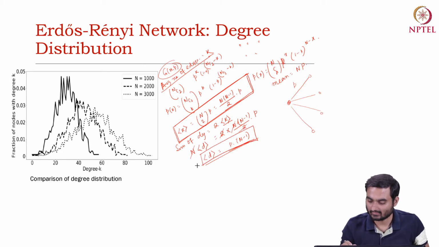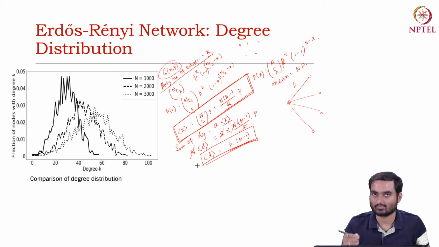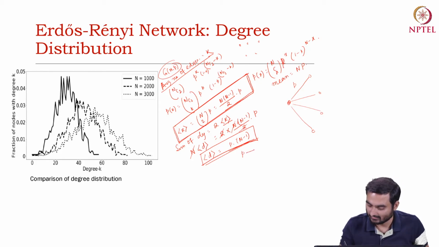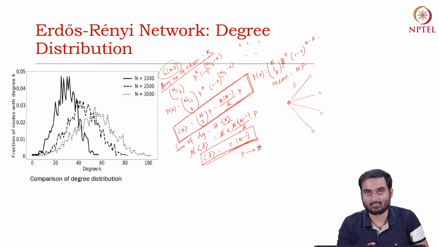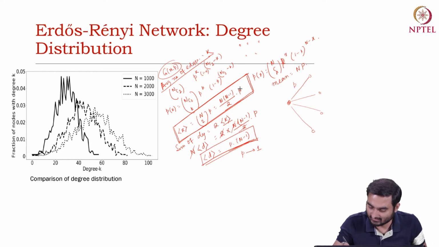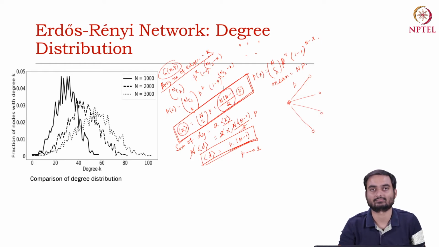So what other things can we infer? As p goes towards 1, p is a probability, what would happen? If this is 1, then the number of edges would be nC2, n into n minus 1 by 2, which is basically a clique.